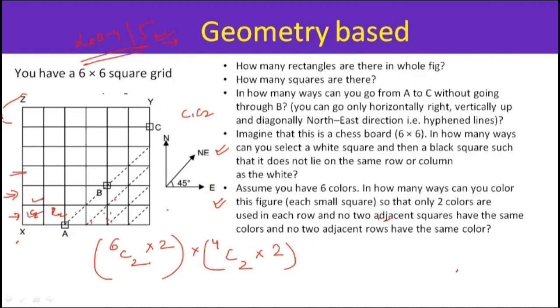Now again for here, see, the only constraint you have is that no 2 adjacent rows should have the same colors, right? So for example, if you have painted this row with C3, C4, so you cannot use C3, C4 here. So again, you have 4 colors to choose from. So same 4C2 into 2. Same 4C2 into 2. So the answer to this question becomes 6C2 into 2, times 4C2 into 2 to the power 5.